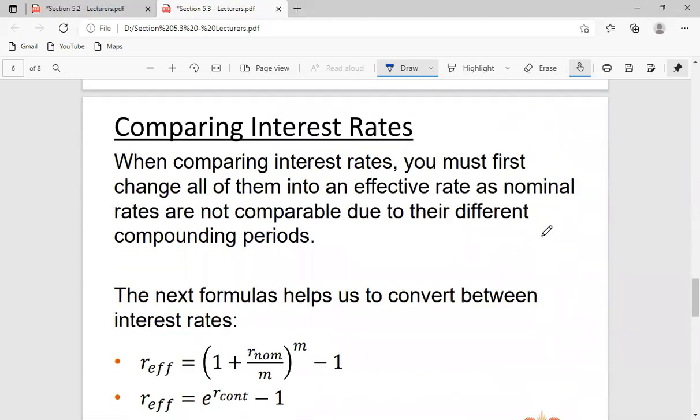Let's look at a very important part of this section, which is comparing interest rates.